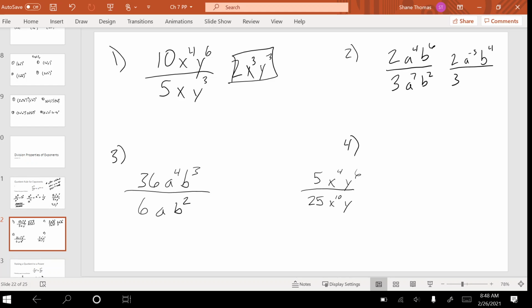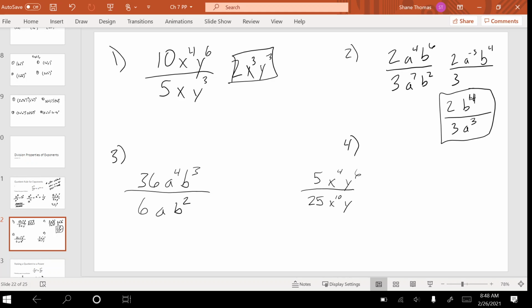I have that negative A, right? So just rewrite it with the A to the bottom. Okay? Write it all as one fraction. Okay? Some of you guys had like 2/3, 1 over A to the third, B to the fourth. Was that right? Yes, but that's not simplified. Make it all one fraction, just like that.